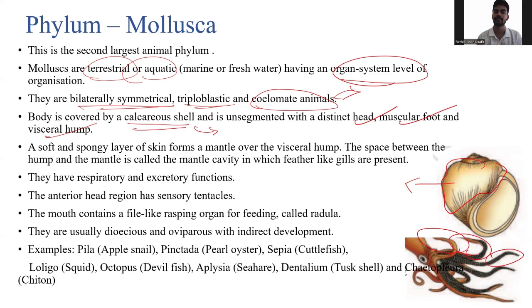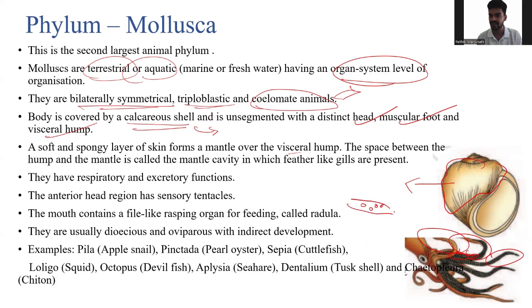Coming to its skin, it is somewhat thin. The skin is very soft and spongy, which forms a mantle over the visceral hump.